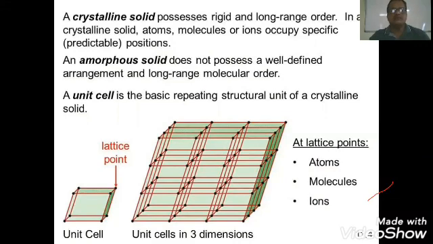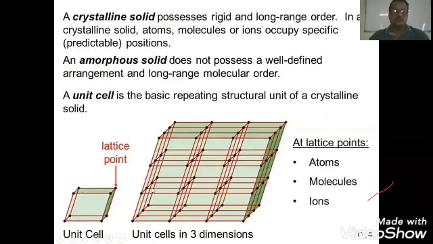So what is a space lattice? It is an array. Array means arrangement of dots or points. And these dots or points represent the relative positions of the particles in a crystalline solid. Here I have drawn a space lattice, and it contains various dots. Each dot represents an atom if the crystalline solid is made up of atoms, a molecule if it is made up of molecules, and an ion if it is made up of ions.